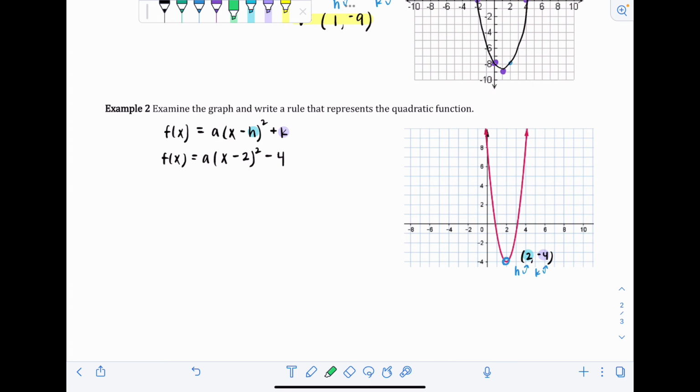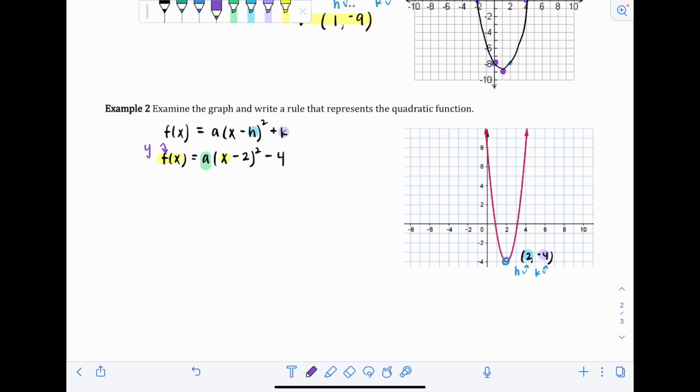And then we're pretty close, but we need to find a to actually be able to say that this rule perfectly describes this graph. We don't know a, but we can take another point from the graph and use it to find it. We can plug that other point in for x and f of x, or y, because remember f of x is just y. It could be any other exact point that we know on the graph.